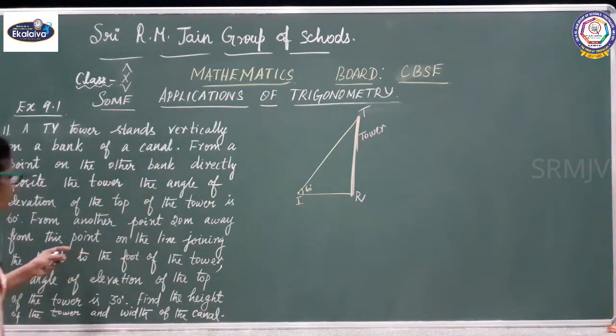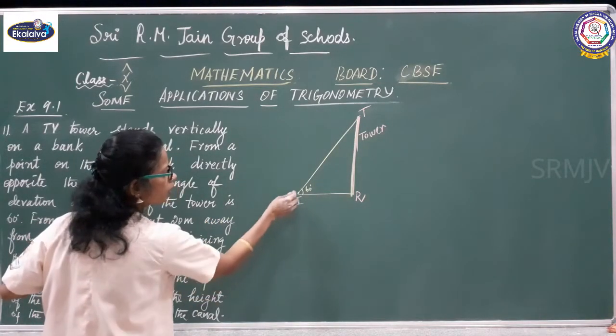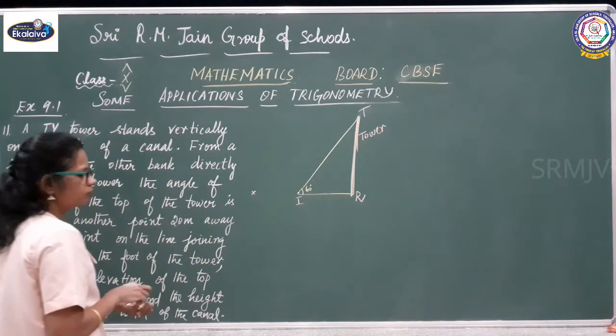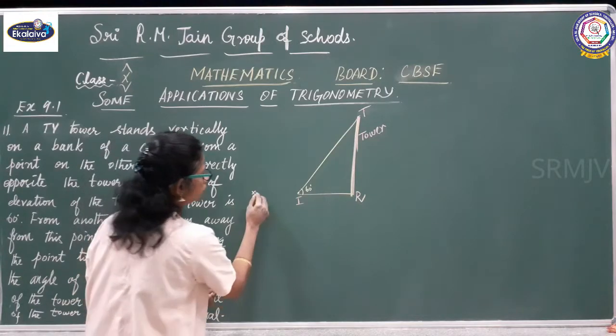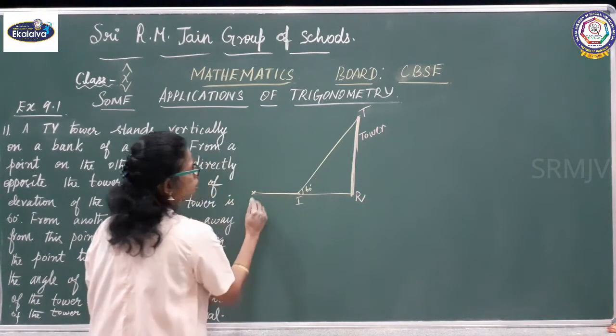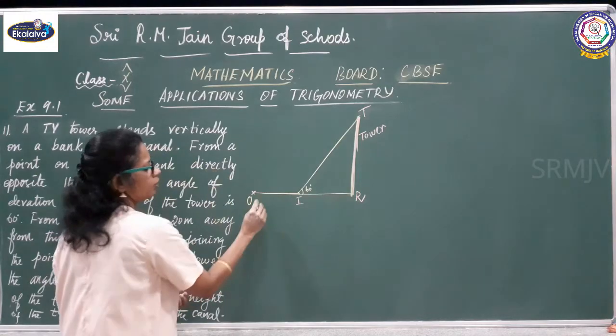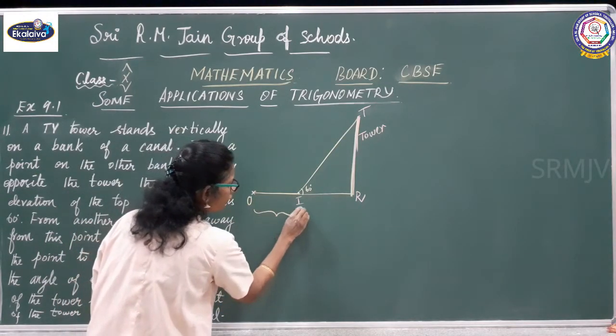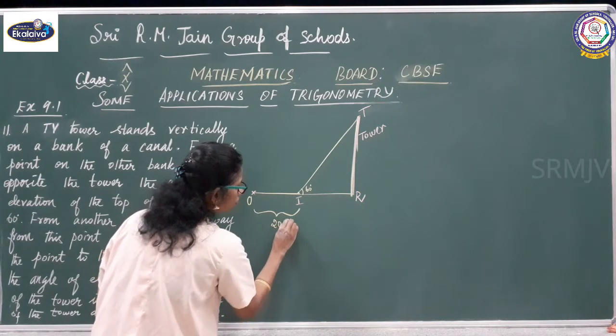Then what it is given, you see, from another point 20 meter away from this point, another point, right? What is the distance between O and I? They mention 20 meter.